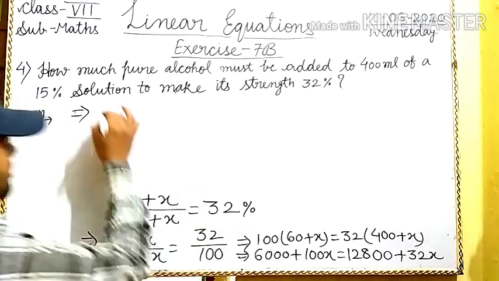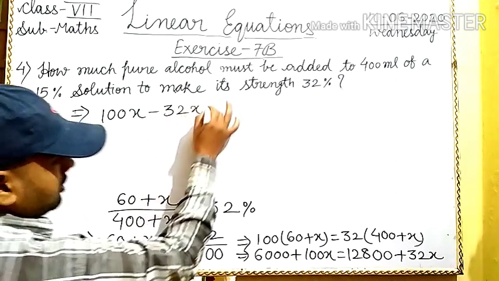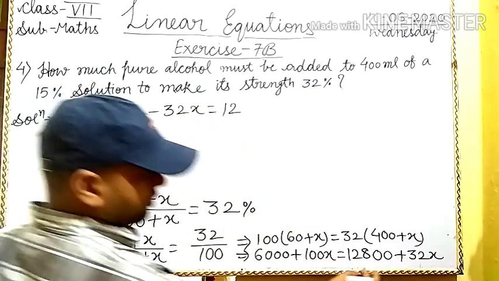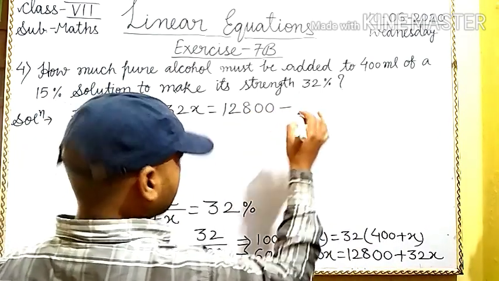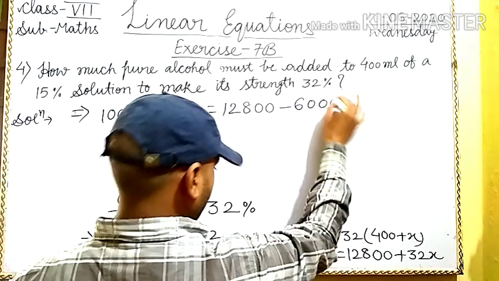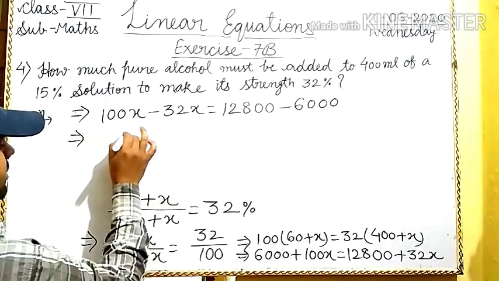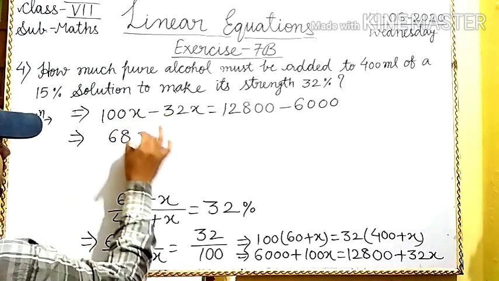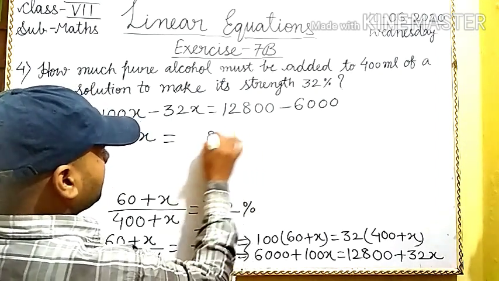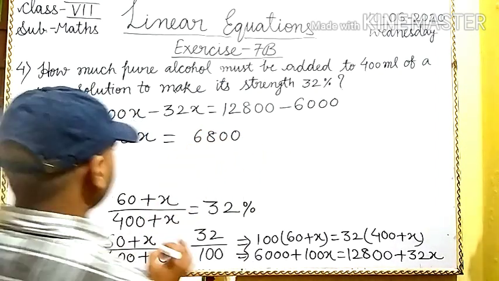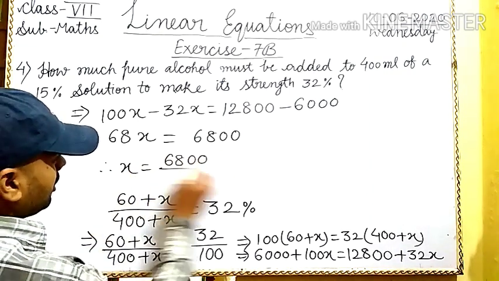Now in this equation, 6000 plus 100x, by transposition, 100x minus 32x is equal to 12,800 minus 6000. Is it clear? 100 minus 32 we get 68x is equal to, subtracting, 6800. Therefore x is equal to 6800 upon 68.